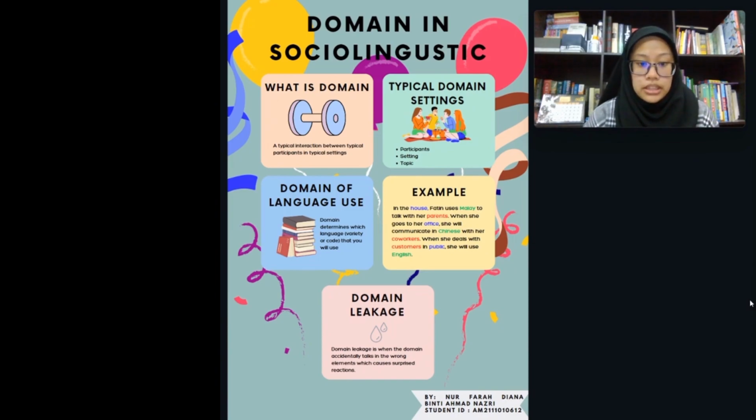Then we have domain leakage. Domain leakage is when the speaker accidentally uses the wrong elements in a domain, which causes a surprise reaction. From what I understand, domain leakage is basically when a participant or a person talks in her domain, but accidentally or falsely uses something that does not relate to her domain, which causes a surprise reaction from other people.